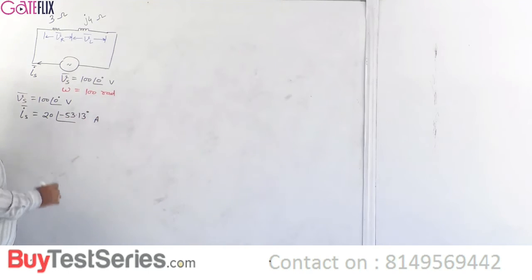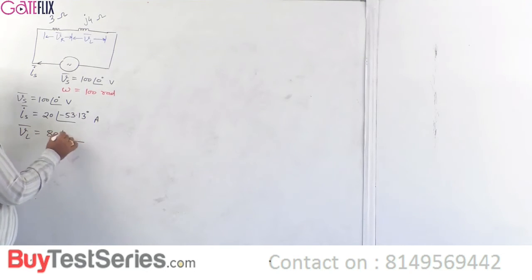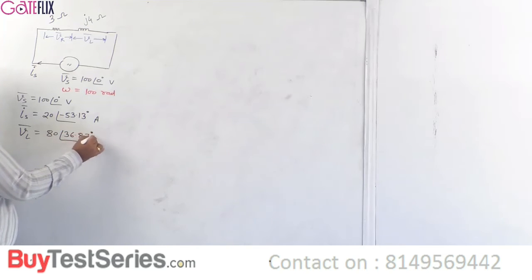Alright, VL is 80 angle 36.87 degrees, and you can see the phasor diagram.